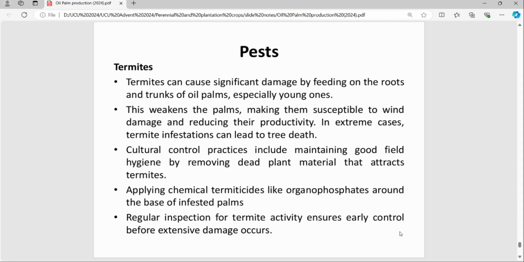So the termites can be controlled by having good field hygiene and applying chemicals like termiticides, especially organophosphates, around the base of the infected plants. Regular inspection will also help to ensure that you detect the infestation early and you control the termites before they cause very bad effects.